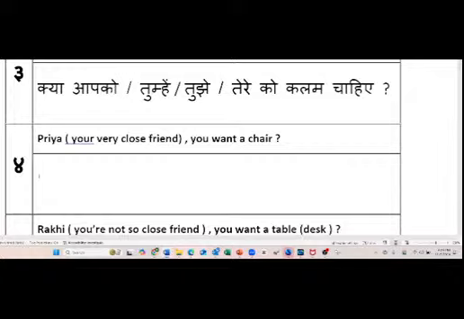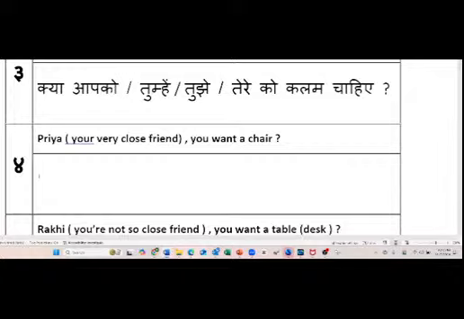Now between tu, from tu we get tujhe, and from tum we get tumhe. Arav, between the two, which one will you choose? Tujhe or tumhe? Tumhe. Okay, what does Payal say? Tujhe or tumhe?